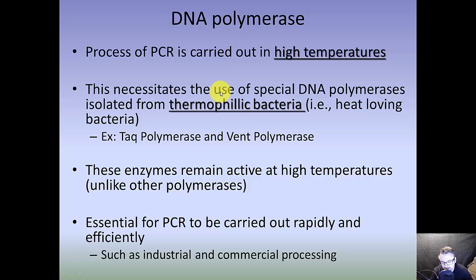If you remember from the chapter on metabolism and nutrition, enzymes like proteins in general are subject to denaturation by too much heat. And one of the problems with that is you have to heat up DNA in order to process it. If you remember, we said earlier you want to heat the DNA up to separate it.